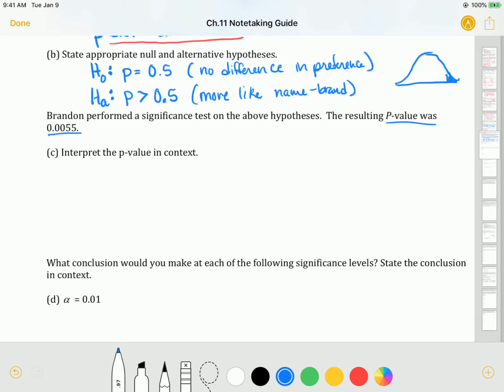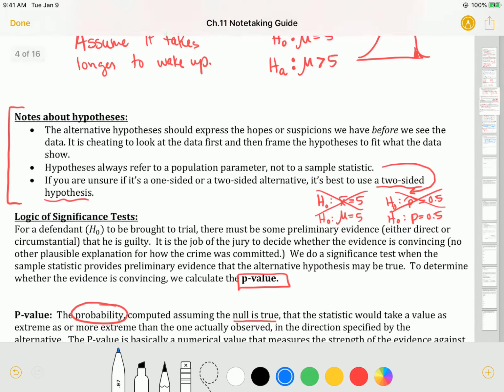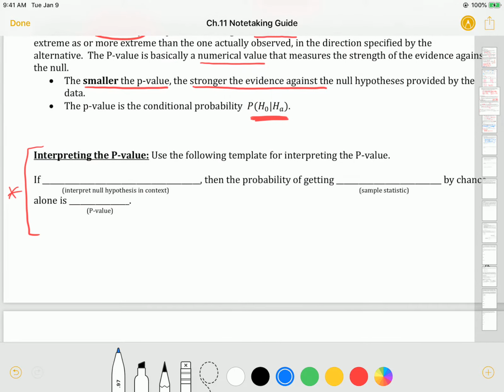The p-value is 0.0055. So what we're going to do is interpret the p-value in context. So you might want to go back to this little template right here. It says interpreting the p-value. So if the null is true, then the probability of getting this sample statistic by chance alone is our p-value.